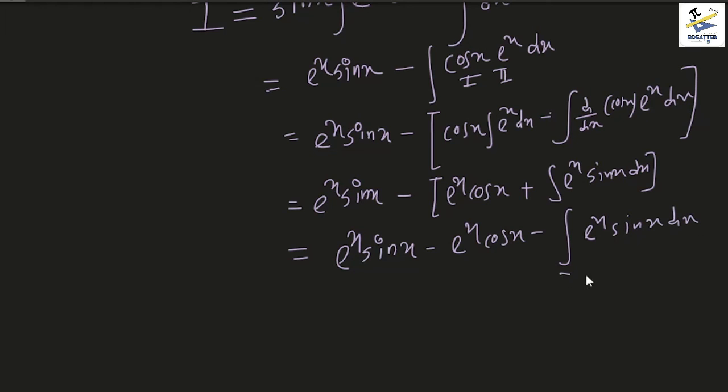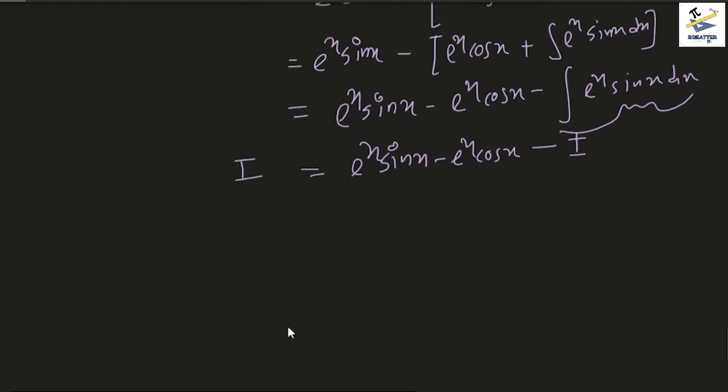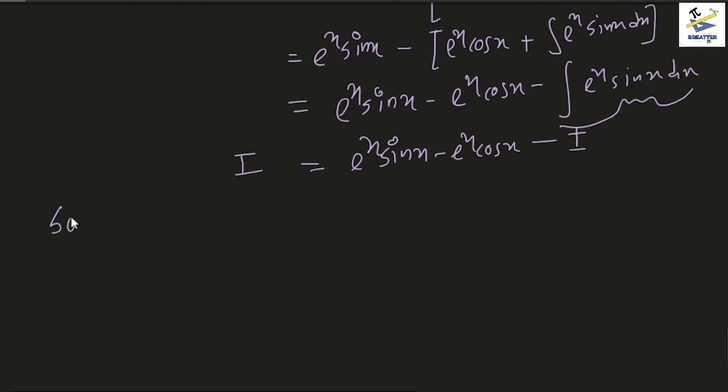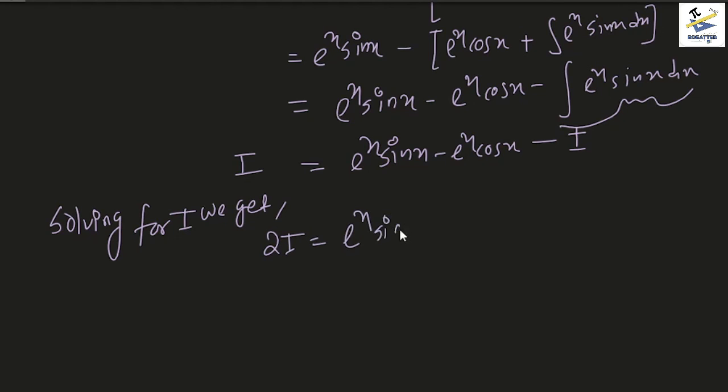But notice that this is the integral that we started with, right? So this is denoted by I, which is a variable. So this becomes e to the power x sin x minus e to the power x cos x minus I, and on the left hand side we have I. So solving for I, we get 2I equals e to the power x sin x minus e to the power x cos x.